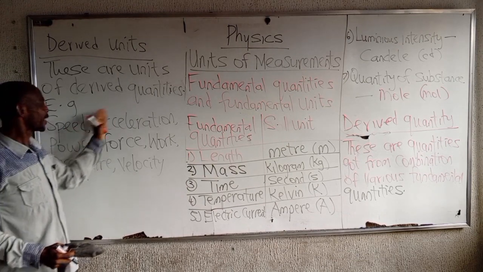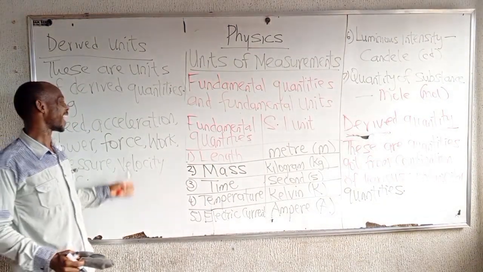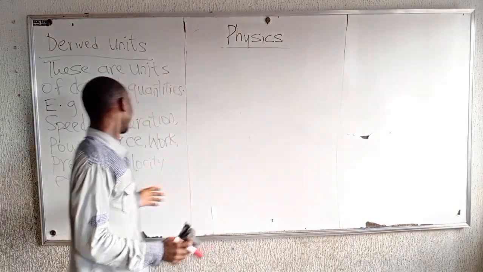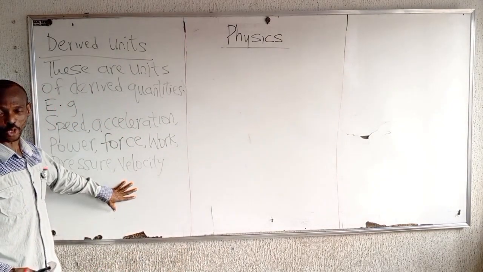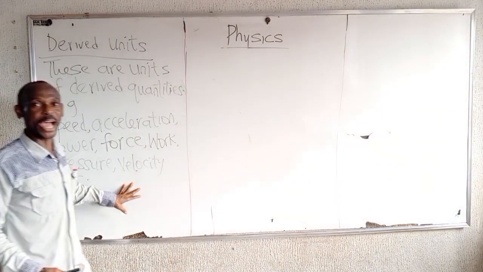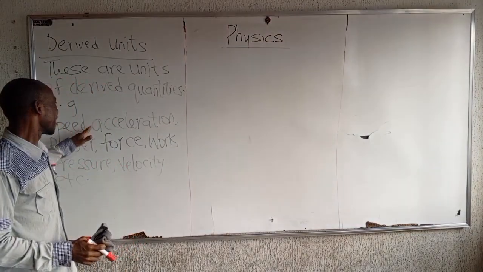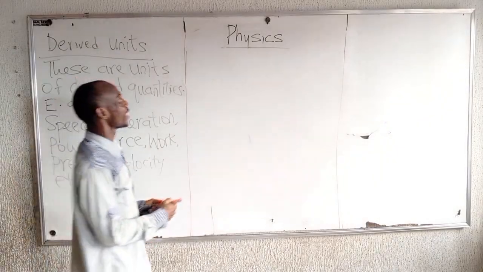Now, they have their derived units, and some of them have what we refer to as their SI units. So, we are looking at some of the derived quantities. We are also going to look at their derived units. Now, we call them derived quantities because they are generated from various combinations. Now, let's look at this.